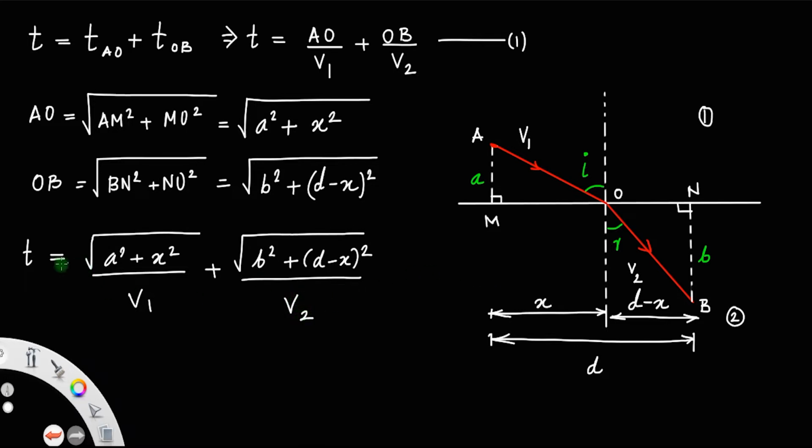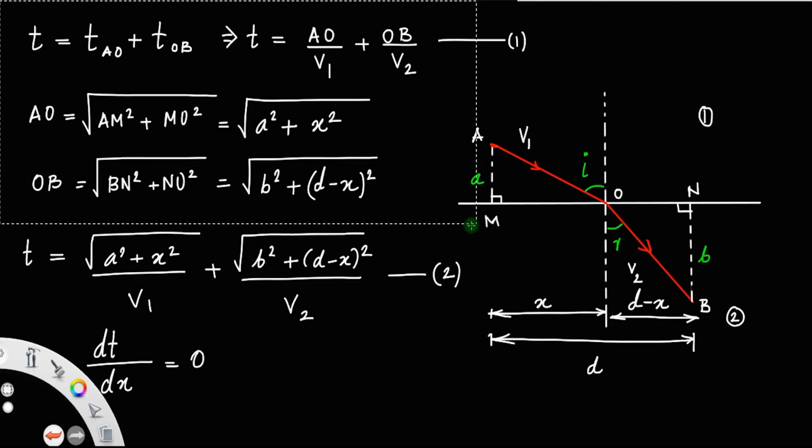So this is the expression for time. According to Fermat's theorem, since the light consumes the least time, the derivative of time with respect to displacement must be 0. So we have to differentiate this equation, let's call it equation 2, with respect to x and put the value as 0.